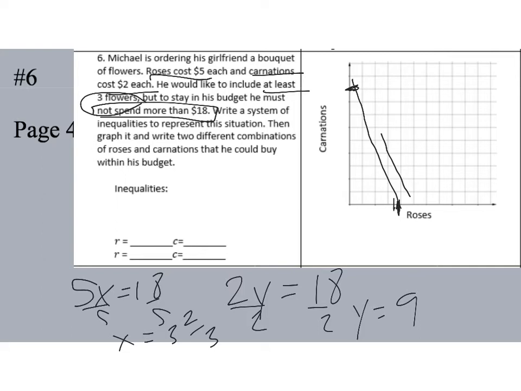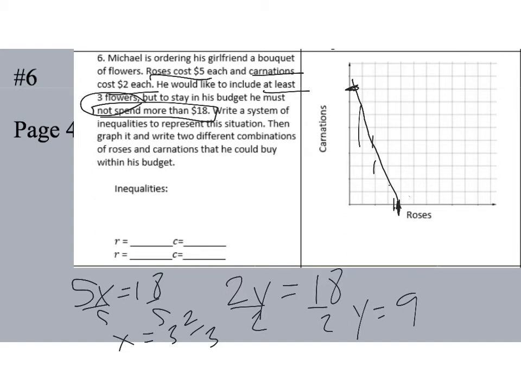And of course, this line represents everything that equals $18. But we know that he's not allowed to spend more than 18, so he could spend less than 18. So this is going to be an inequality where we end up shading down. But there's one other thing in here that limits us. It's a constraint, a good vocabulary word to know: he would like to have at least 3 flowers.